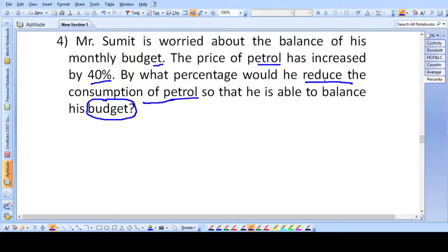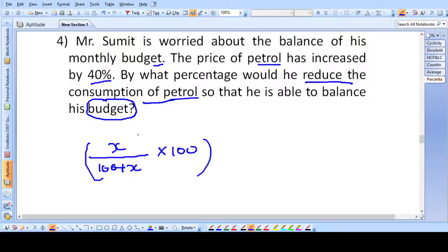So if you are reducing something, just now we have seen 2-3 times, if you have to reduce it, you just increase the value of the denominator, put 100 plus x upon x into 100. Simple funda.